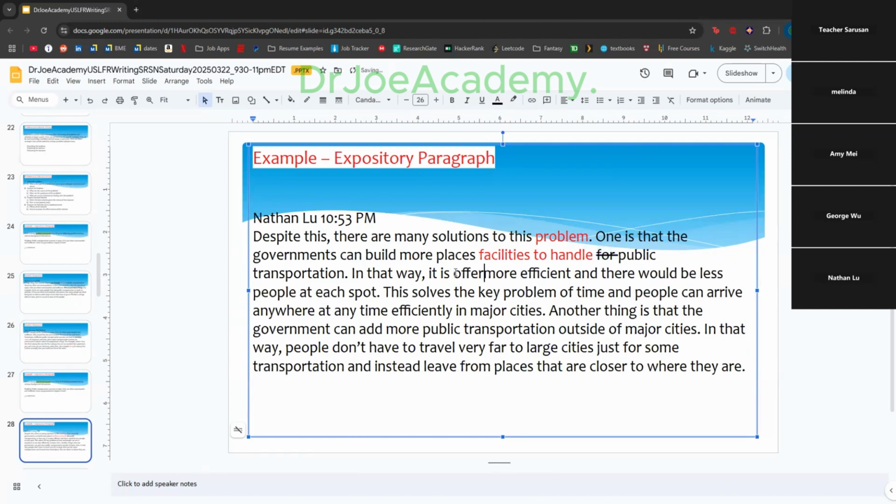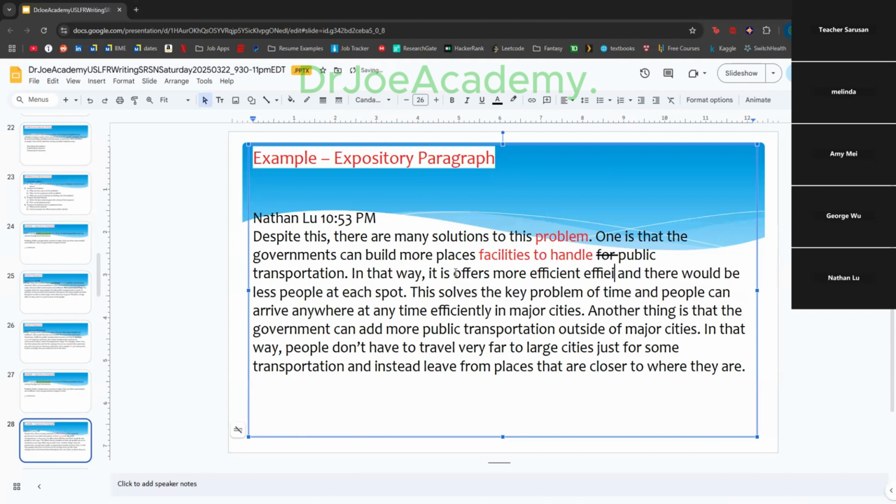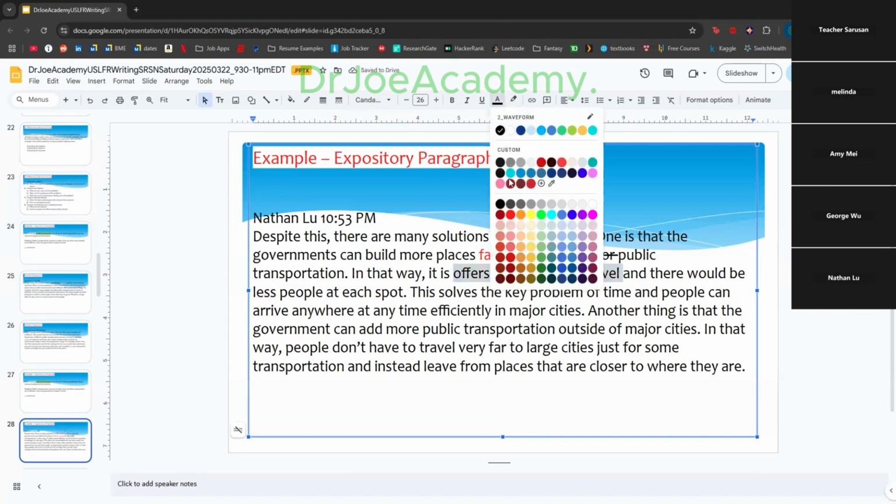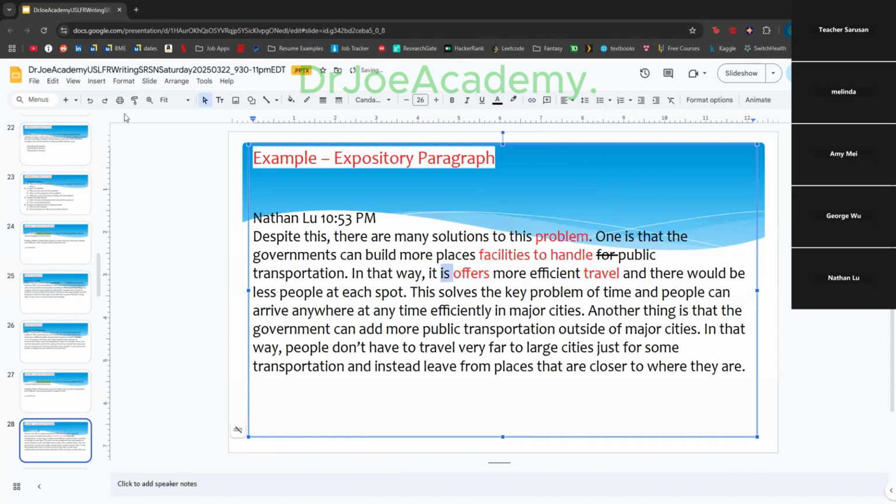So let's say it offers more efficiency. More efficient travel. Let's say that. It offers more efficient travel and there would be less people at each spot. This solves the key problem of time, and people can arrive anywhere at any time efficiently in major cities.